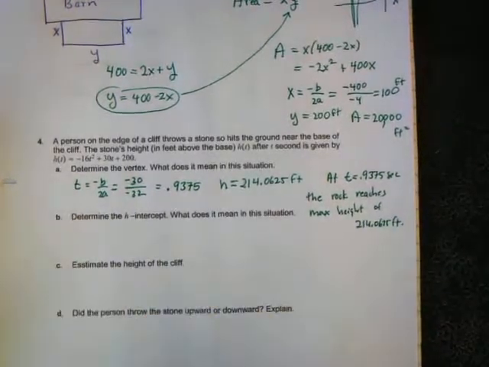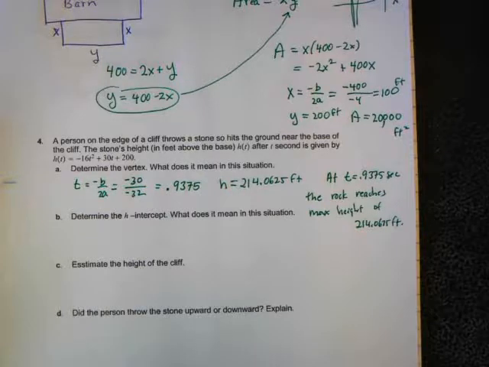So that vertex tells you 2 things. It tells you the time and the height. And again, because this is a parabola going downward, it tells you that that's the maximum height the rock ever reaches. So it's important, if you do this problem on a test, that you put the word maximum height in there. It's not any old height, it's the highest point. More important than all the other points.